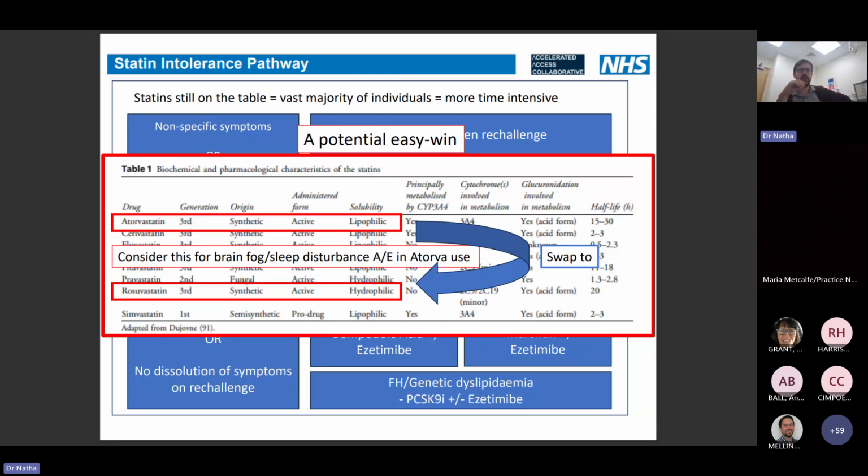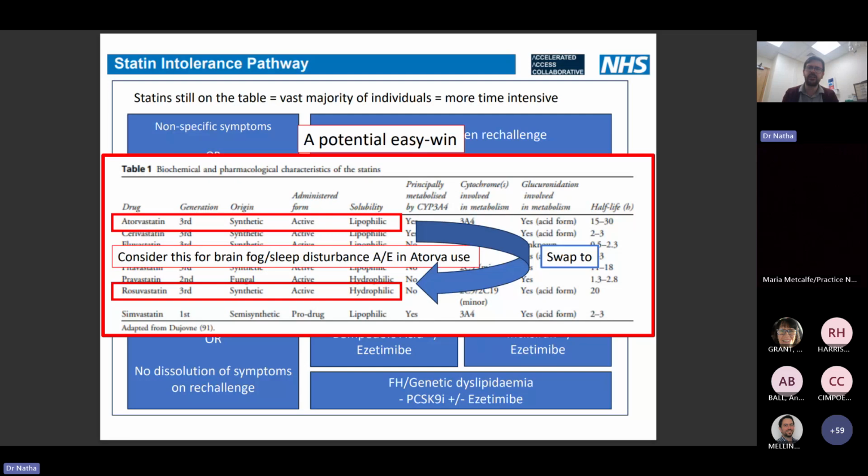The reason being that atorvastatin crosses the blood-brain barrier as a result of being lipophilic, whereas rosuvastatin being hydrophilic doesn't cross the blood-brain barrier. So if someone is describing that adverse effect, think about that as potentially an easy win. And certainly within LipiClinic, that has been an easy win that we've been able to go to with good success.